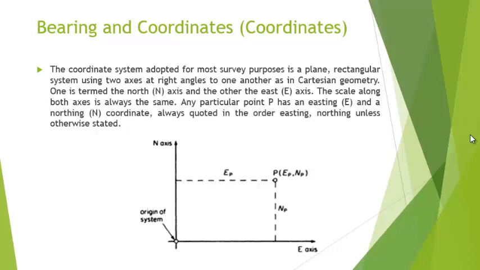For example, in the figure, point P has easting and northing coordinates, written as northing value first and easting value on the right-hand side, but this format is not always this way.